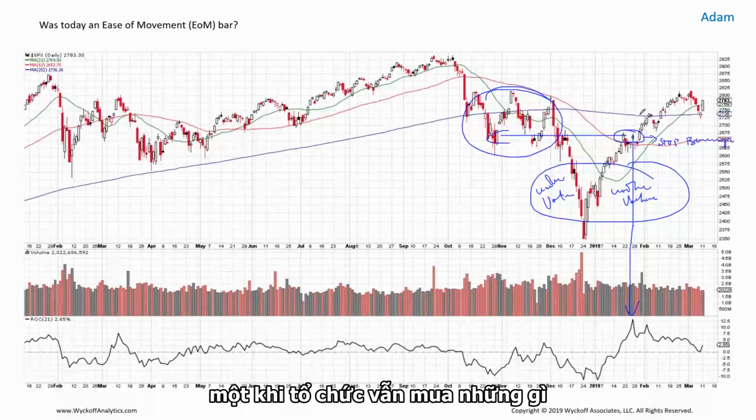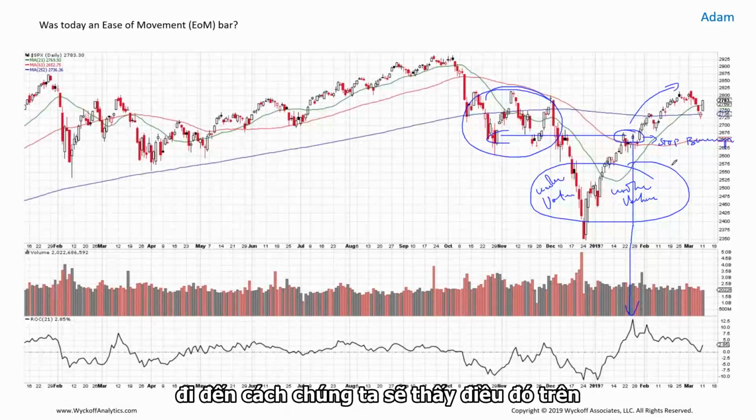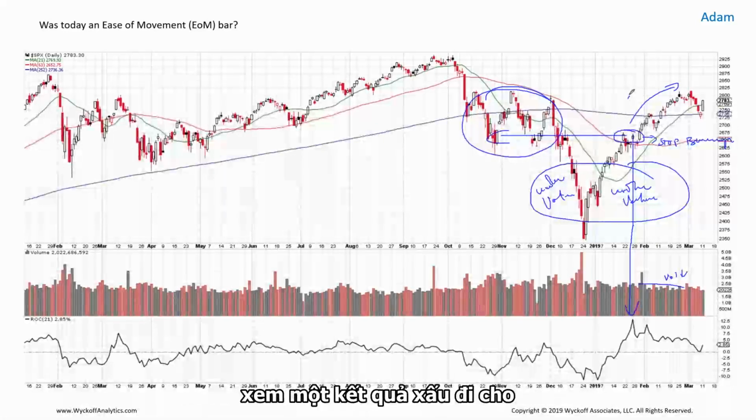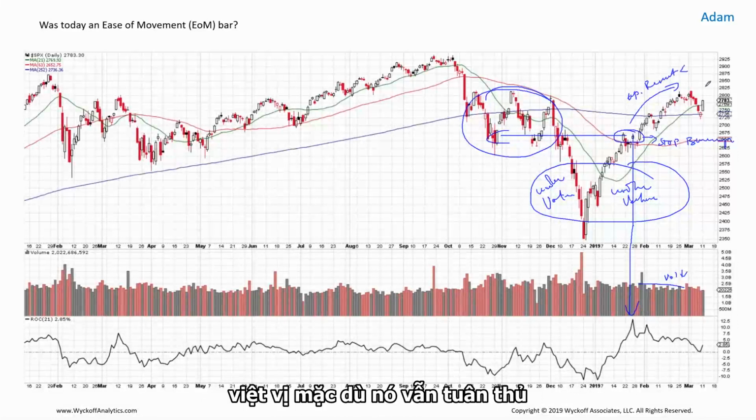Once institutions stop buying, how are we going to see that on the price and the volume signature? Well, the volume signature is going to be gradually declining. The price is also going to deteriorate, right? So we're going to see a deteriorating result to the upside, even though it's still a bias to the upside, even though the price still goes up.